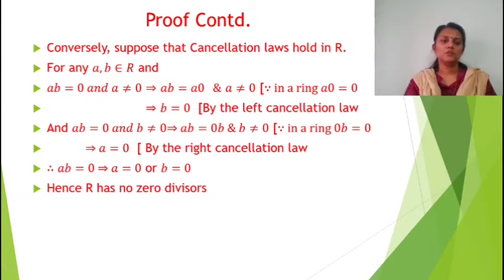Now the converse part. Conversely, assume that the cancellation laws hold in R. That is, ab equal to ac implies b equal to c, and ba equal to ca implies b equal to c, for a not equal to 0.